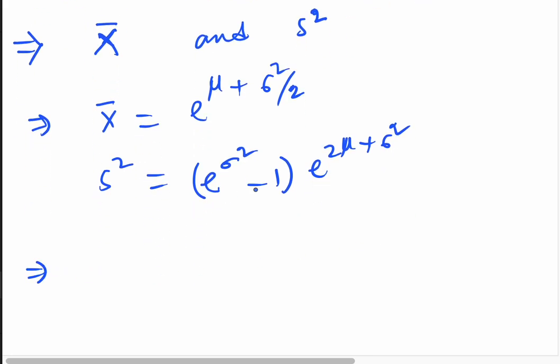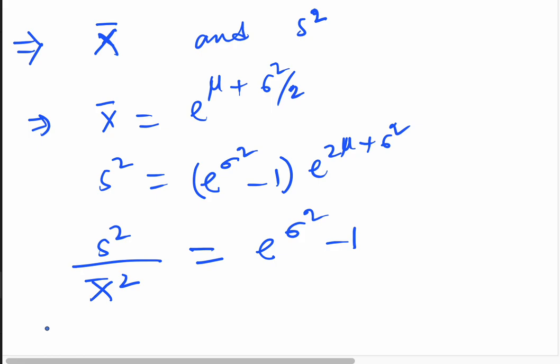So if I do this s square by x bar square, it is equal to e to the power sigma square minus 1.